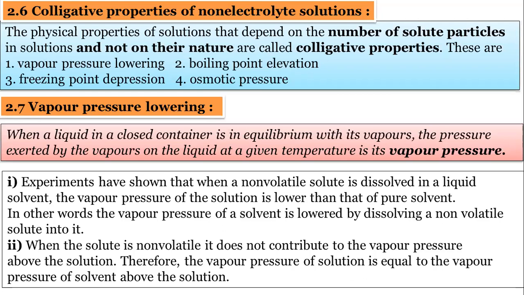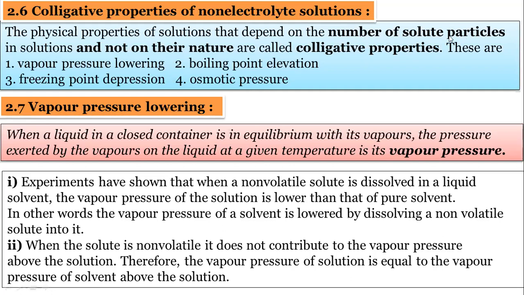Colligative is actually a Greek word, meaning collective properties. So these are the collective properties of solutions that depend upon the number of solute particles, remember. This is asked for 1 mark in the board exam. Colligative properties depend upon the number of solute particles, meaning the number is important here. The nature of that particle is not important.